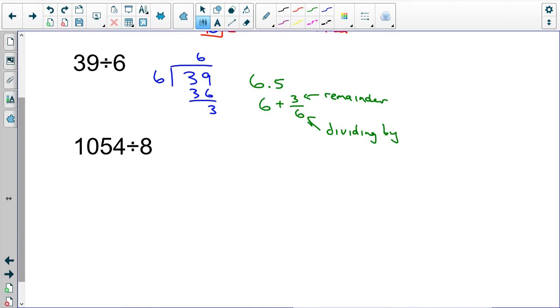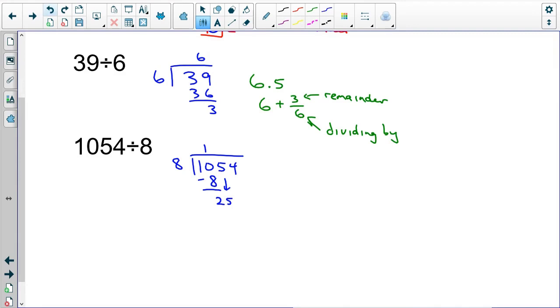Finally, 1054 divided by 8. In this case, I would look at 10 and see that 10 divided by 8 is 1 with a remainder. 1 times 8 is 8. Then I subtract: 10 minus 8 is 2. And I carry down the next term.